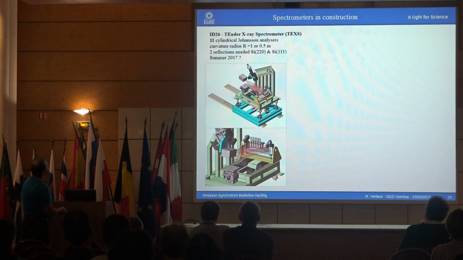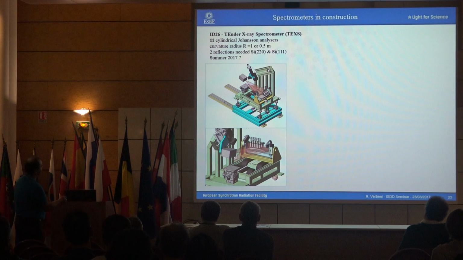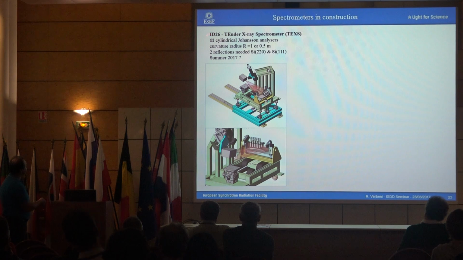So here there are spectrometers in construction, just for some common interest. Here the spectrometer at ID26, they call tender X-ray spectrometers. Here we have 11 cylindrical Johansson analyzers in a row. Here I'm only showing 6, but normally you have 11.